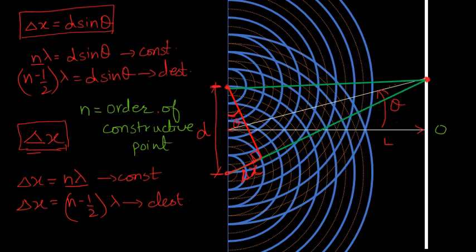For the next bright fringe, the order would be first order. For the next bright fringe, the order would be second order. Similarly, this would be first and this would be second, and so on. So this n is called the order of the constructive point. Right now I'm talking about the constructive interference. Okay, so similarly for destructive as well.